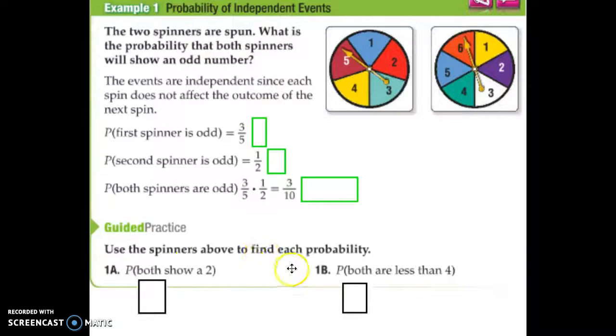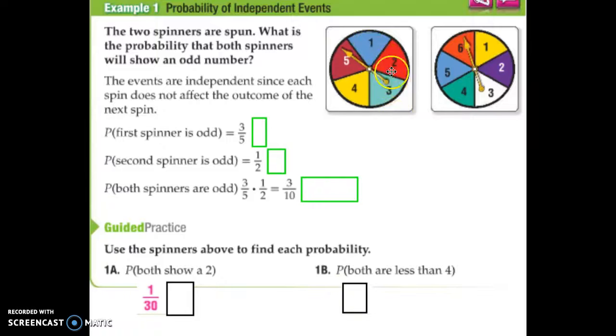Here's a couple extra ones to just look at quickly. Probability of both showing a 2. Well, what's the probability of this one showing a 2? 1 out of 5. What's the probability of this one showing 2? 1 out of 6. So 1 out of 5 times 1 out of 6, multiplied together gives me 1 out of 30. Both are less than 4.